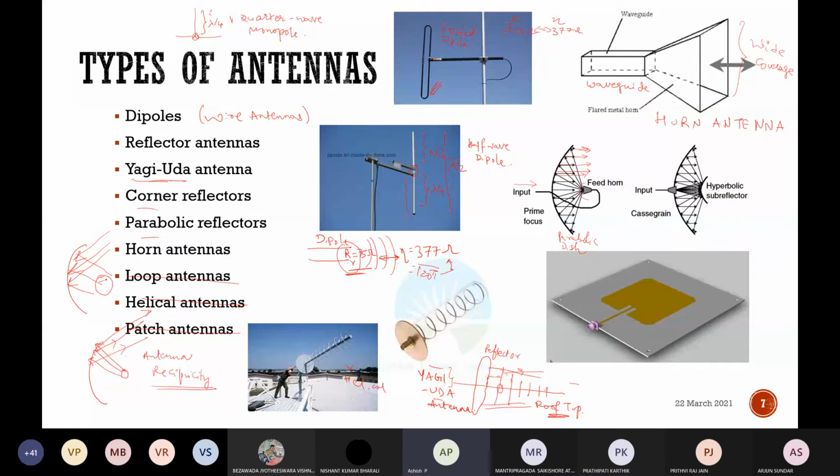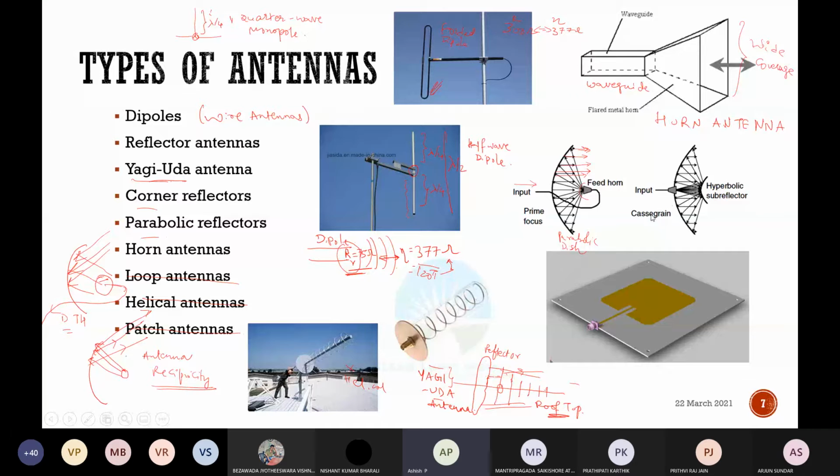The horn antenna will convert them into electrical signals and give them to the transmission line. That's how you are getting all that DTH, Tata Sky, Airtel. So antennas follow the principle of reciprocity, and symmetry is also there.